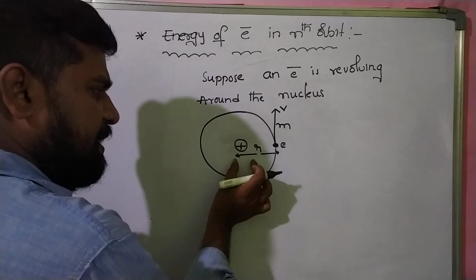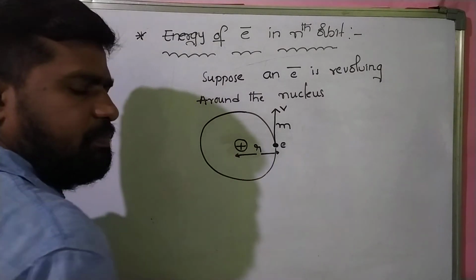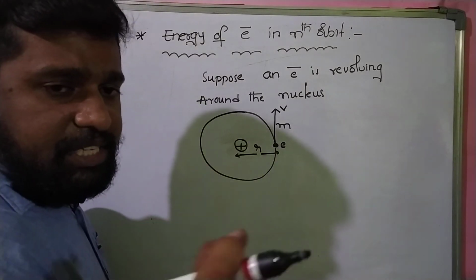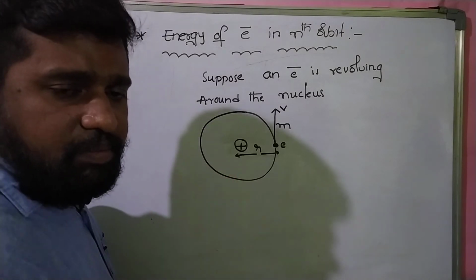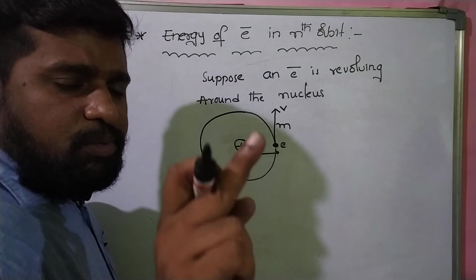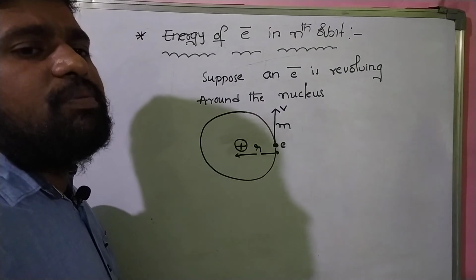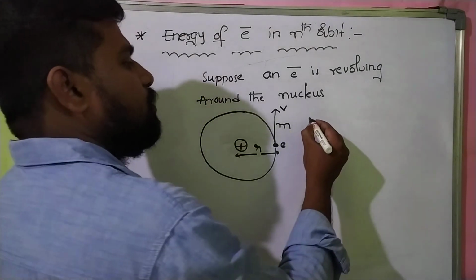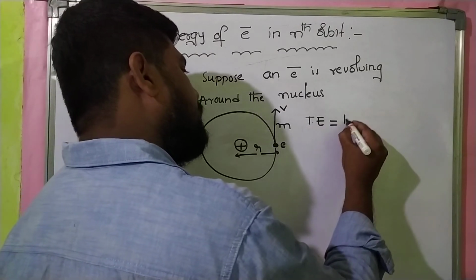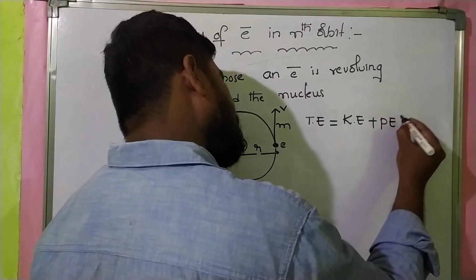Using this picture, we will determine the potential energy and kinetic energy of the electron, and by using those two values we calculate the total energy. That means the total energy of the electron equals the kinetic energy plus the potential energy. Everybody knows it.